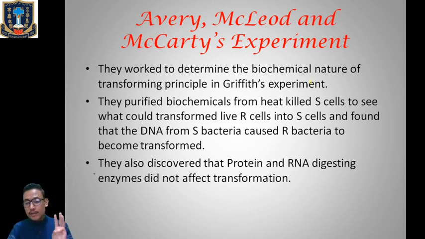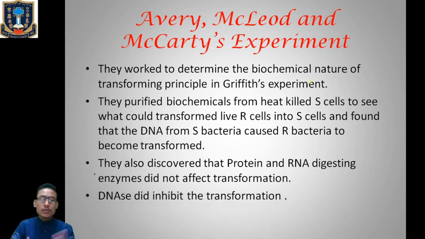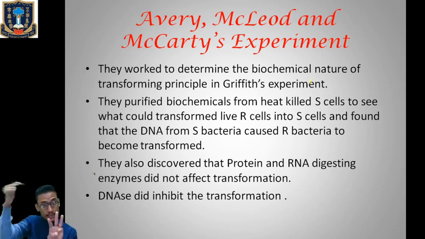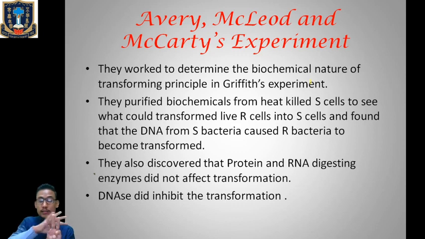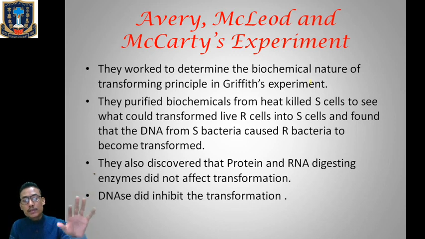Now they took the third enzyme, which is called DNase. DNase means the enzyme which will digest DNA. So when we take the DNase and put it into the test tube that contains DNA, DNase will digest the DNA. Okay, so in that particular test tube in which they added the DNase, there was no transformation going on.